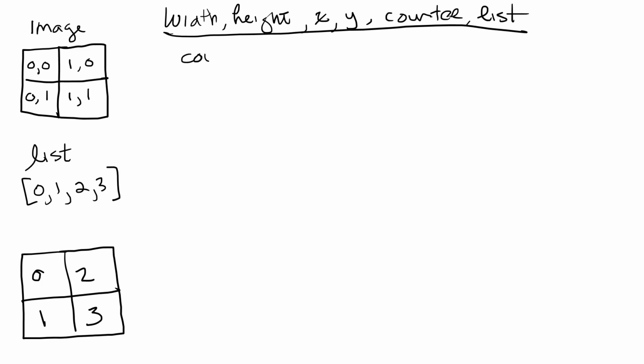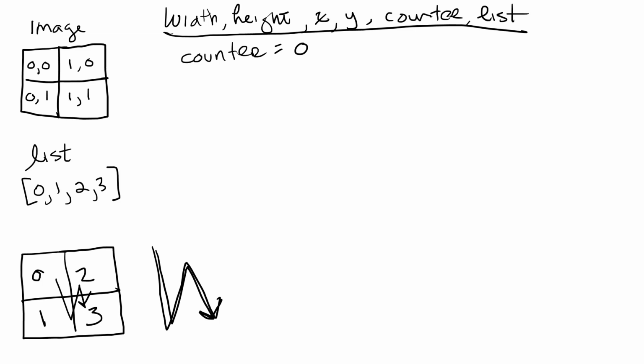Again, counter equals 0. And just to be clear here, now we're going through like this. We're accessing these items in the same pattern as we talked about in the inversion, where x is on the outside and y is on the inside.